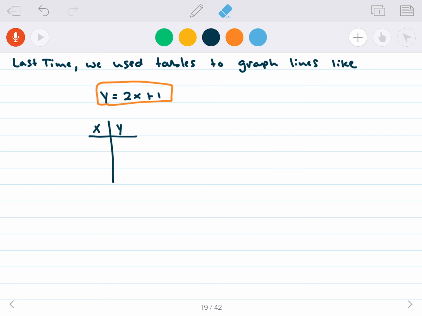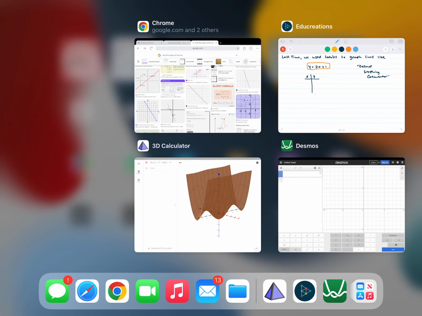One really nice tool that we use when we're looking at graphs is the Desmos Graphing Calculator tool. And you can find that by just Googling Desmos Graphing Calculator. I have it as a little app on my iPad, but this is what it looks like.